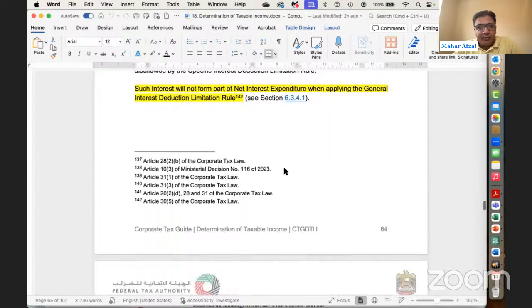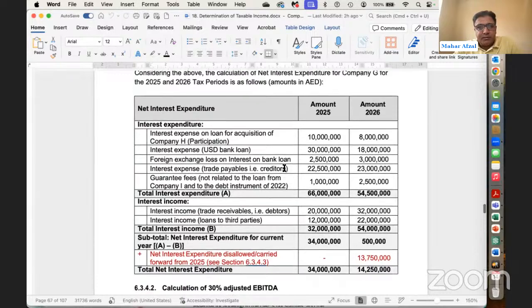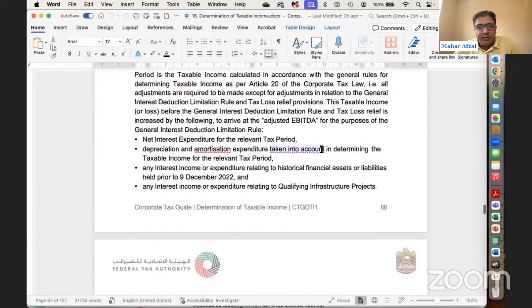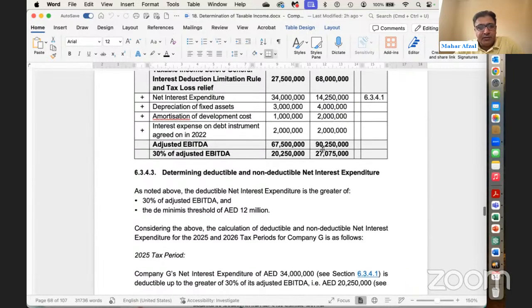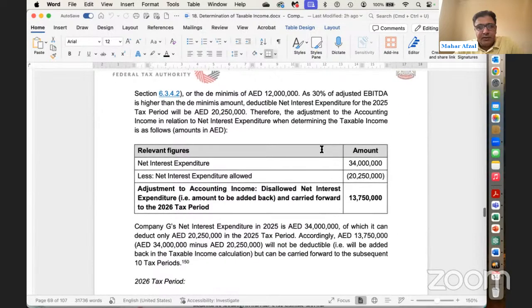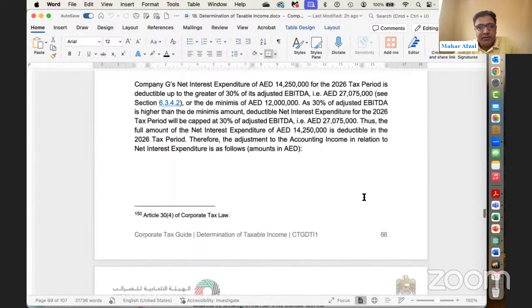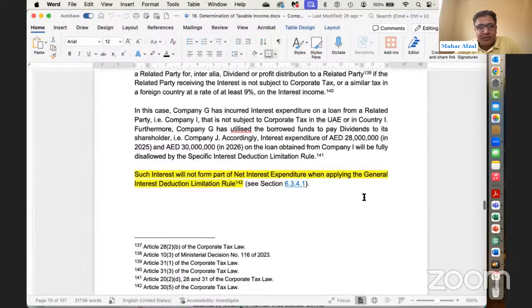It should not have been. So that is fine, this is fine. 20,250 adjusted EBITDA is fine. Net interest expenditure should be carried forward. This is okay, this is for the next year.